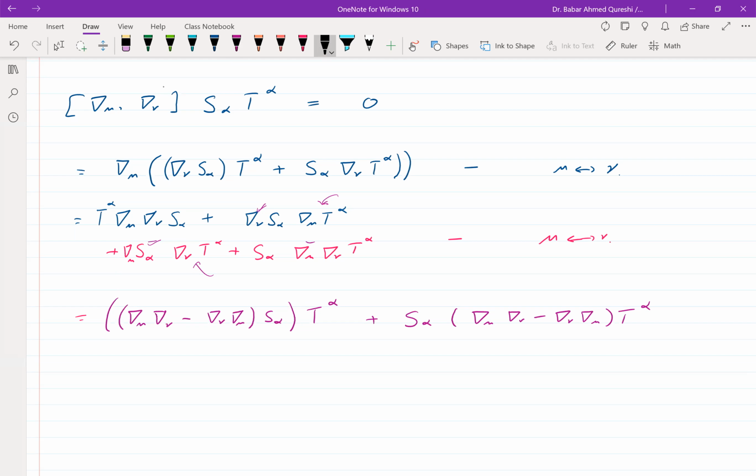But in this case, what is it saying? We know the definition of this. We had just written how a commutator acts on one form index. You bring this one form index here, summation index here.